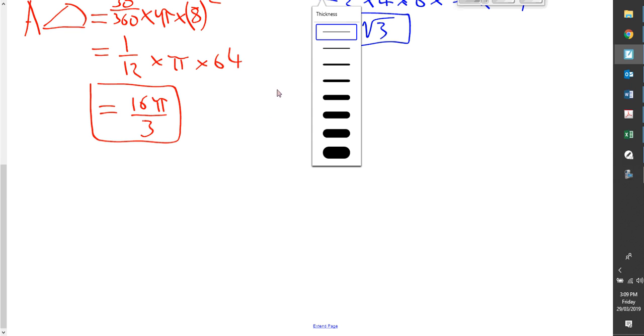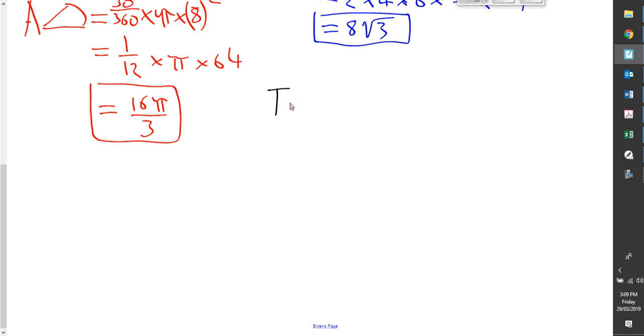So our total shaded area is going to be equal to, again, the area of the rectangle.